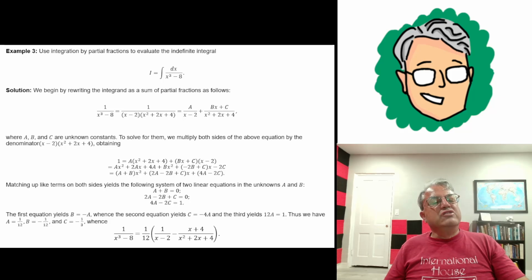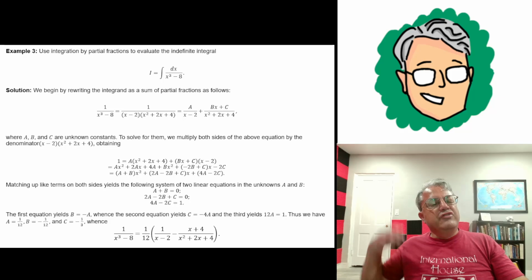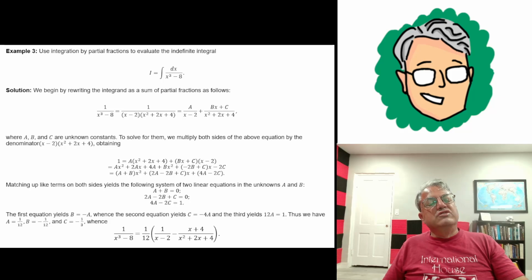And then if you plug in the expressions we got for B and C in terms of A, you see B equals minus 1/12 and C equals minus 1/3. So the end result is 1 over x cubed minus 8 equals 1/12 times the quantity 1 over x minus 2 minus (x plus 4) over (x squared plus 2x plus 4). That is the partial fraction expansion of the integrand.